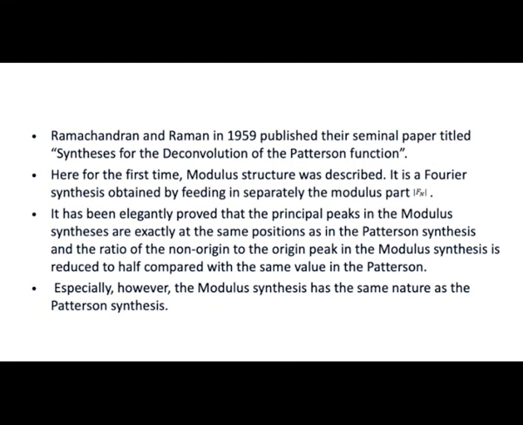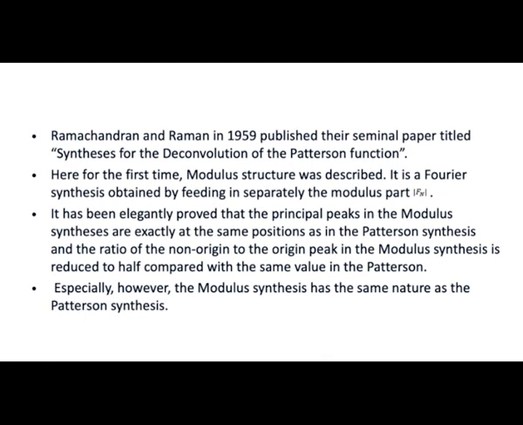If one compares the synthesis using mod F, mod F square and mod F power 4 as coefficients, the peaks appear at the same points only, except that the strength of the peak differs.